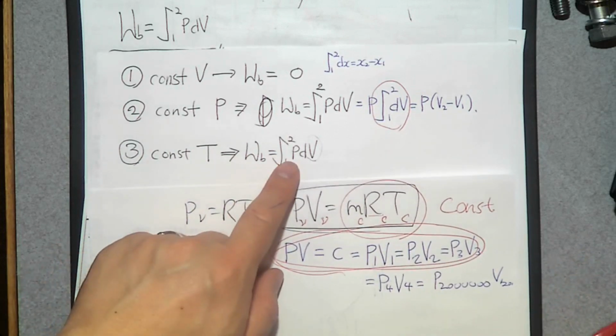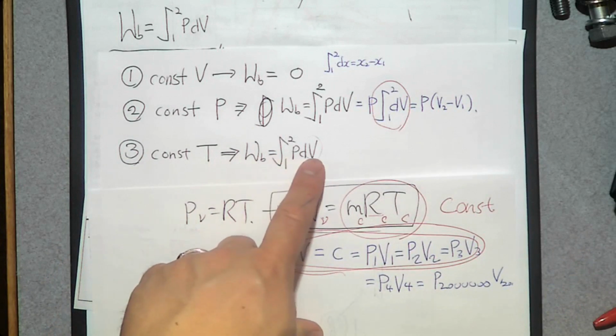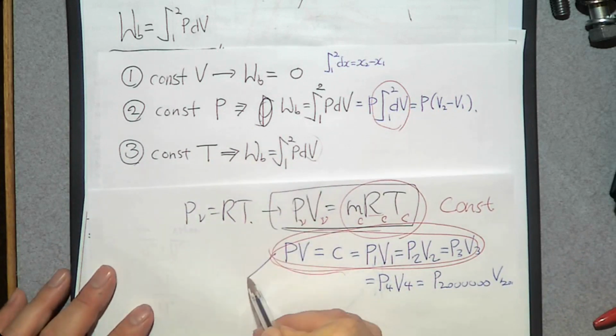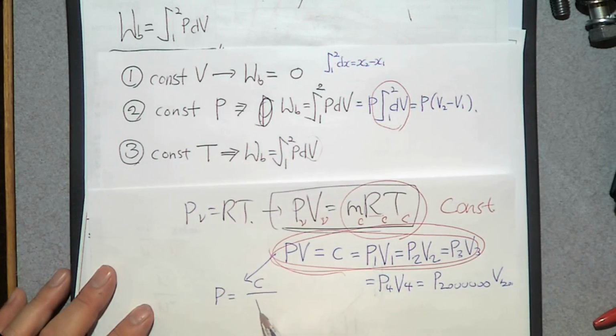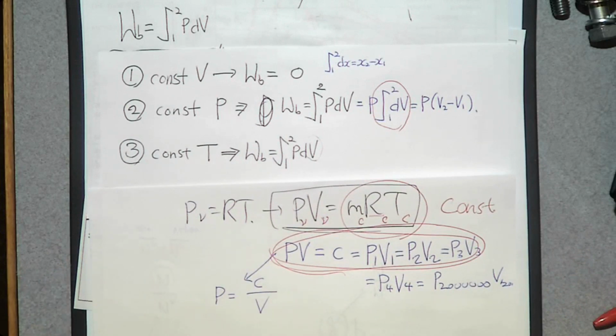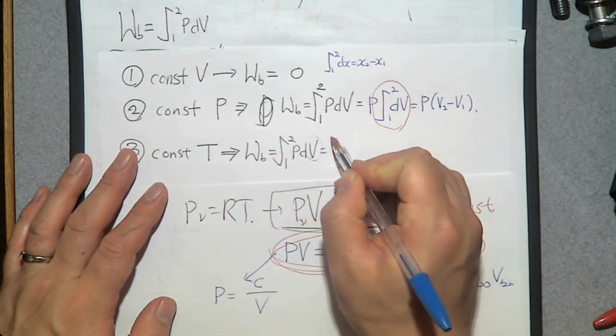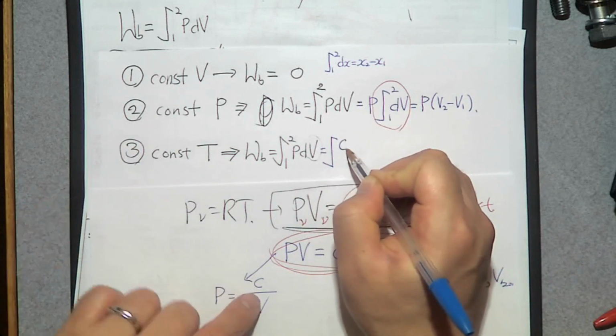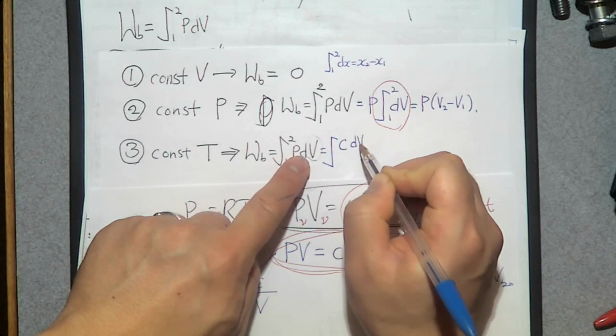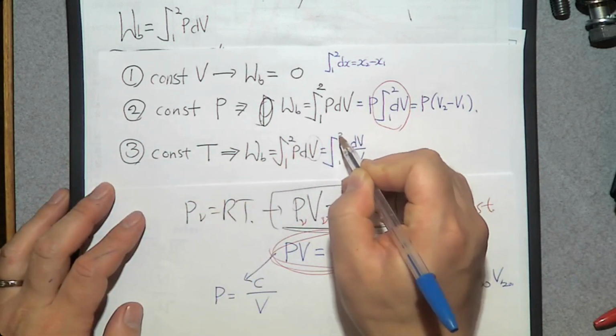So can you replace this P with V? Yes, we can. PV is constant. In other words, P is C divided by volume, because if you divide by volume on each side, P is C over V. Now I don't like this P, so let's replace this P with V. So this one becomes the integral of C dV over V from 1 to 2.